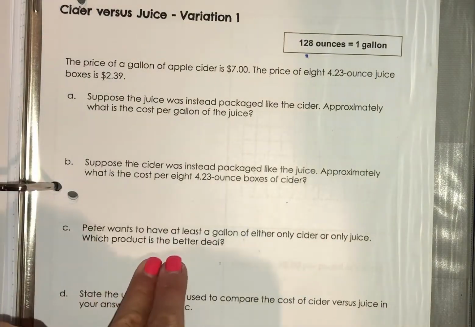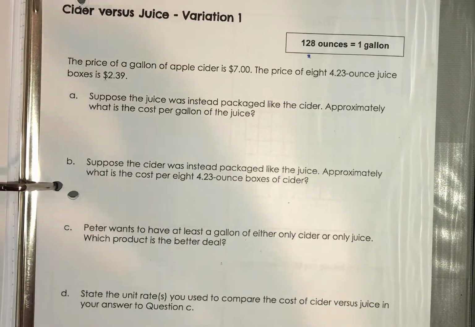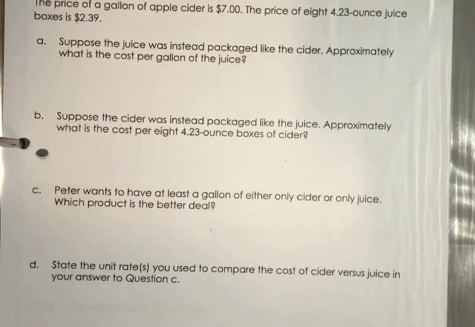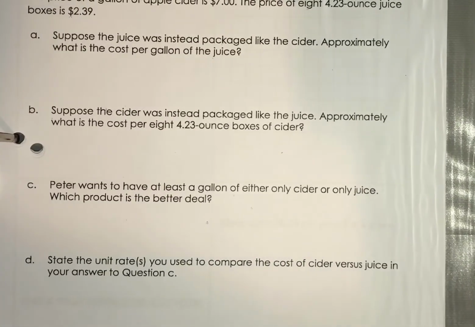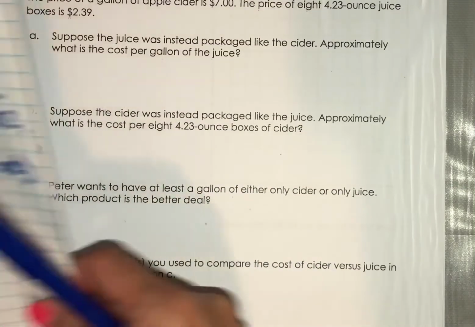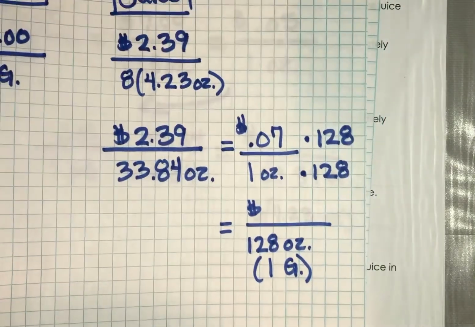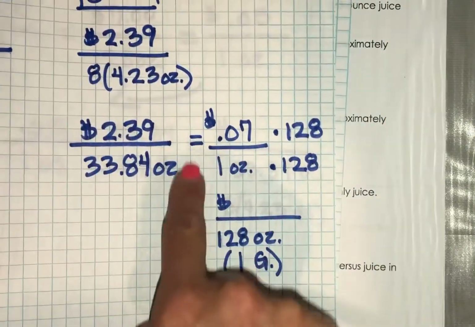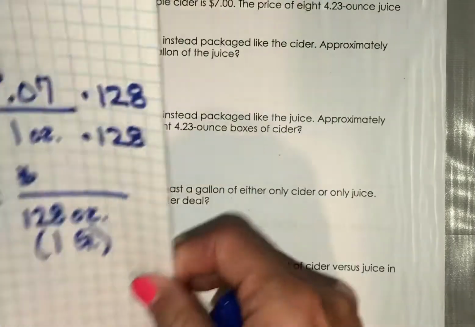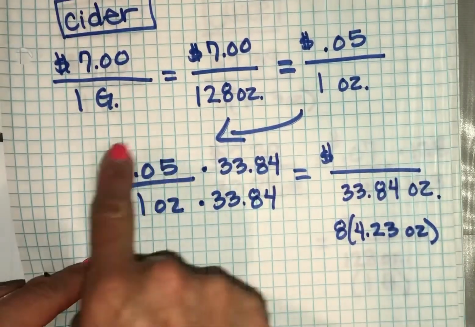So for C, Peter wants to have at least a gallon of either cider or juice. So you guys need to find out which product is the better deal. And how are you going to do that? Well, let's go back to your work. You found for the juice, this was your unit rate, that's for A. And then when we did B for the cider, this was our unit rate for the cider.